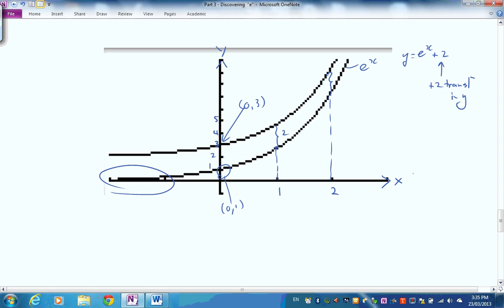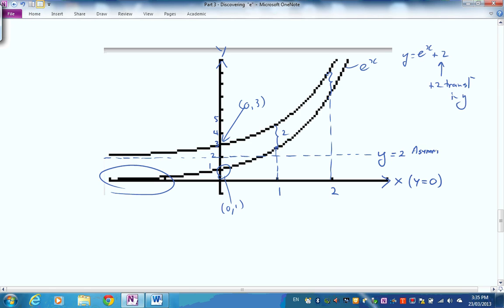We have moved all points up, including the asymptote. The asymptote was the x-axis, y is 0. Now the graph will have an asymptote at y equals 2. The whole graph has been moved up in the y direction 2 units, and so this is our new asymptote.